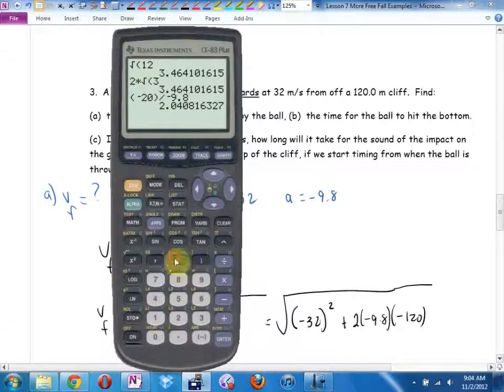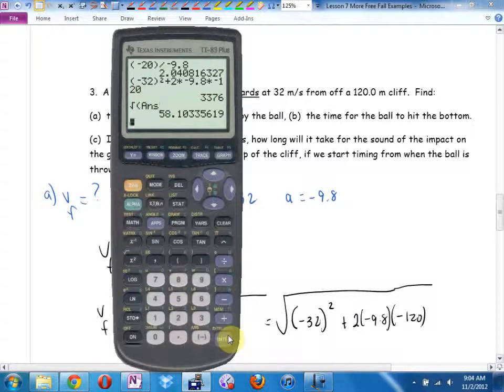I think you're going to get 58.1. Some of you didn't. So here's the first thing all of you on your calculators need to be aware of.